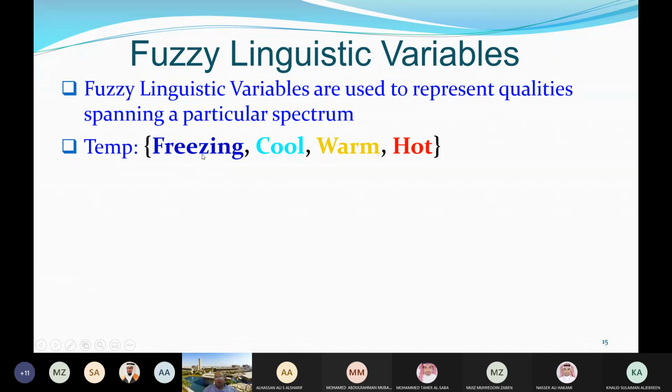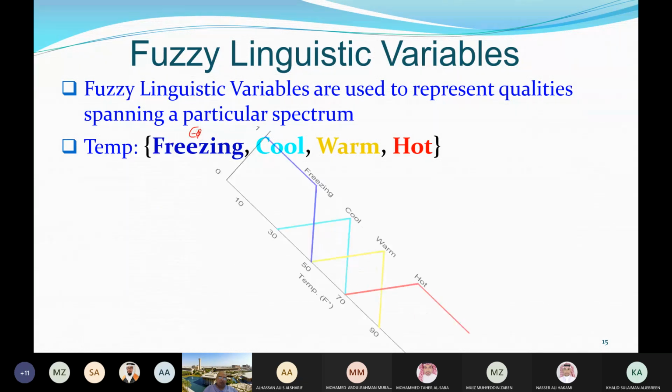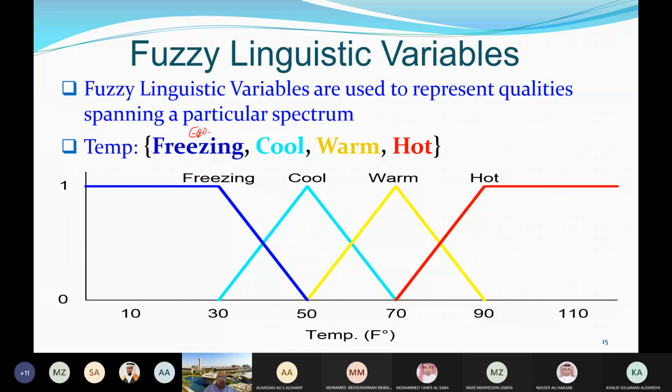And of course, you can define the membership function for each value here. If you have classical sets, you can say freezing is, for example, between minus 20 to 0. Cool from 0 to whatever, 10 or 20 degrees, and so on. You can have some hard limits here.